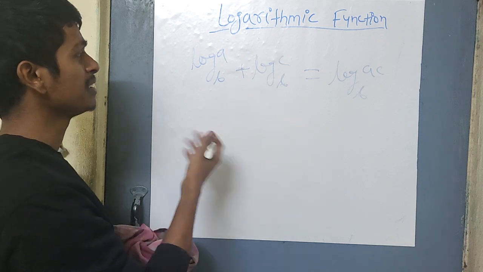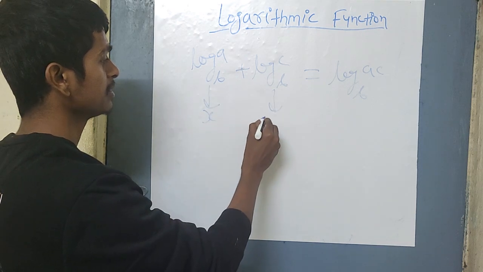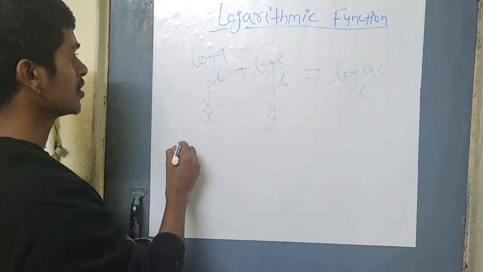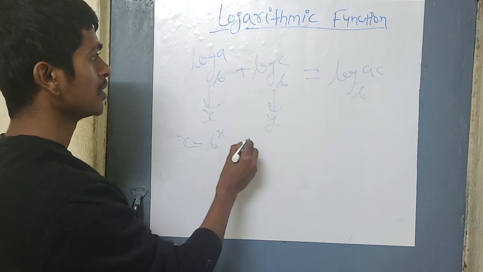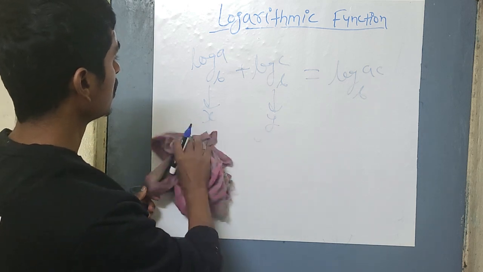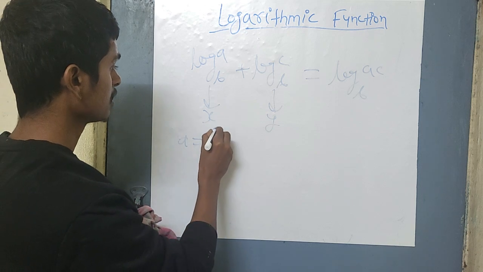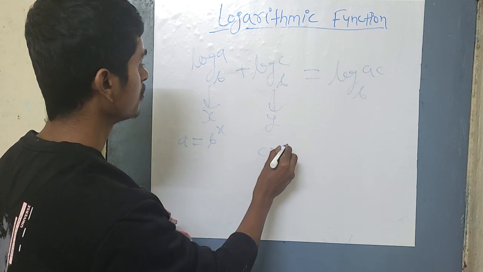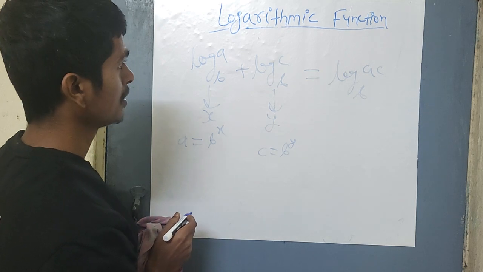You can prove it easily. You just take log a as x and log c as y. From the definition of log, you can write a equal to b to the power x and c equal to b to the power y.